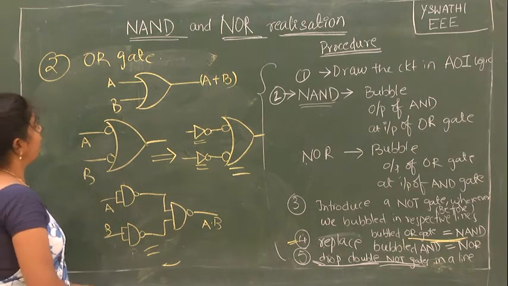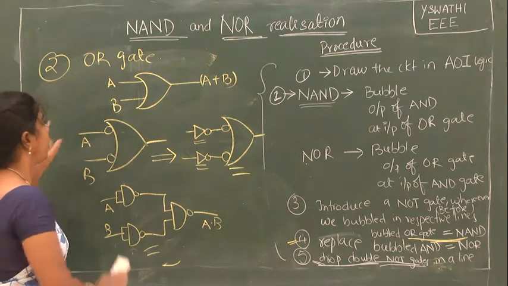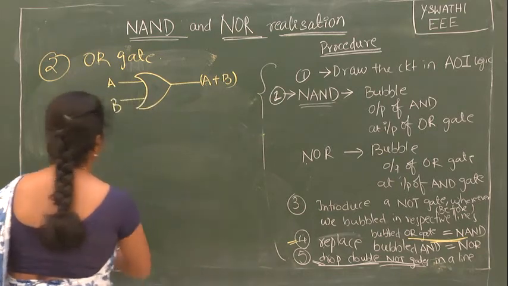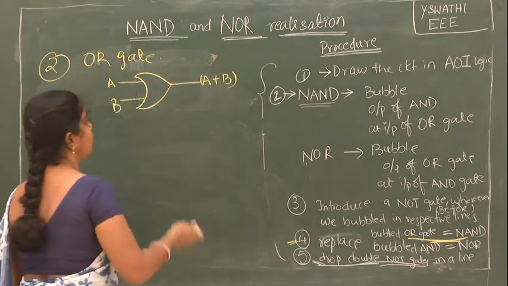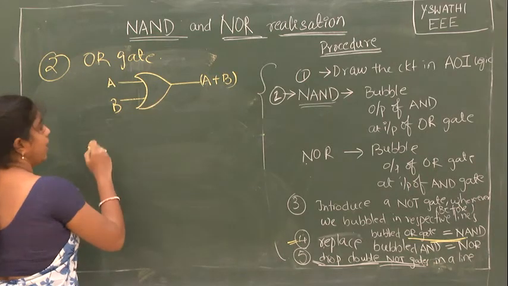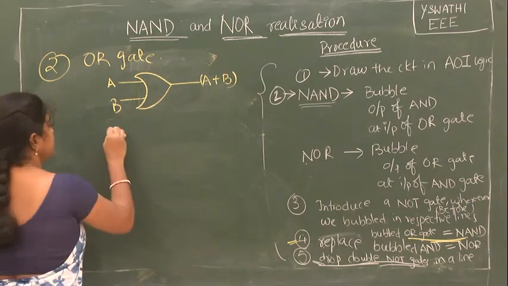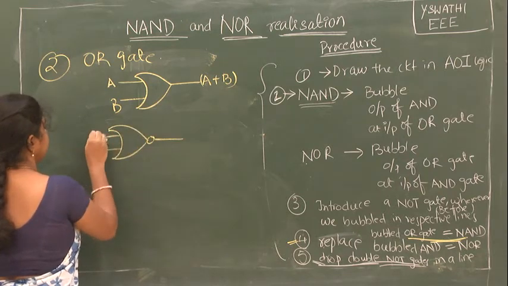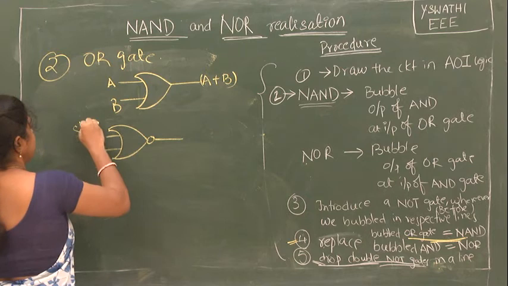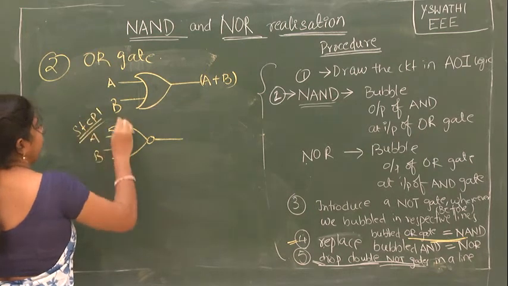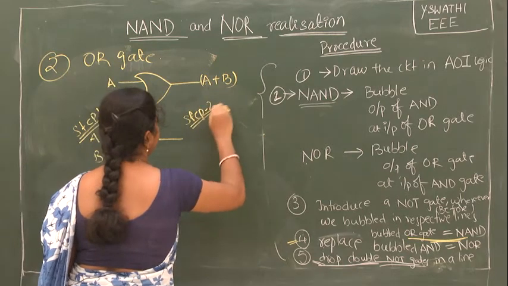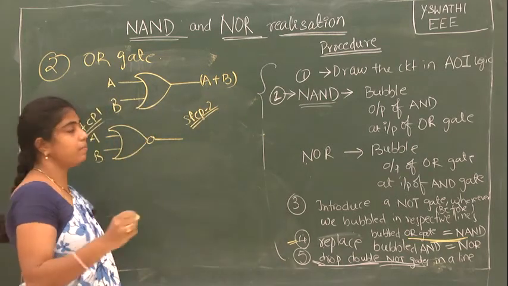Okay. Now we will implement the same gate in NOR realization. So in the NOR realization, first we have to bubble the output of OR gate and input of AND gate. So the output of OR gate is bubbled here in the first step. What is the step in the second step? In the second step, you have to introduce or add an inverter where you are bubbled.